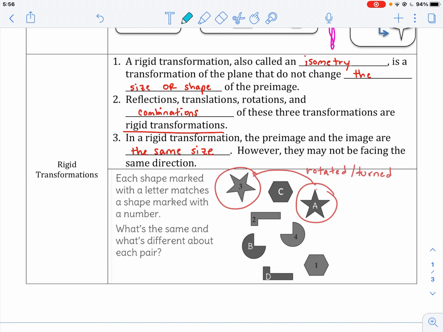Okay, B is the same shape as 4, but they're oriented differently. So we know that these have also been rotated.